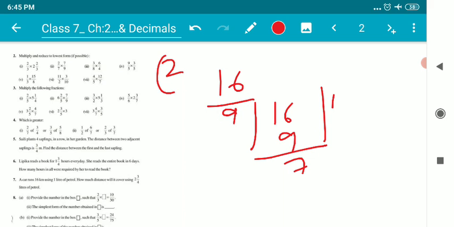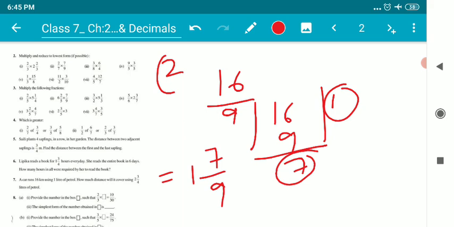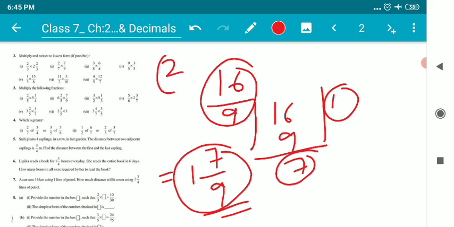So my final answer is 1. This 1 will come in front, and the remainder will go up, in the place of the numerator, and this 9 will come down. So the answer is 1 7 by 9. This is the correct order of expressing any improper fraction as a mixed fraction.